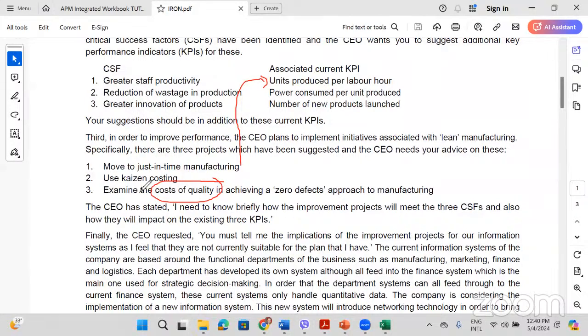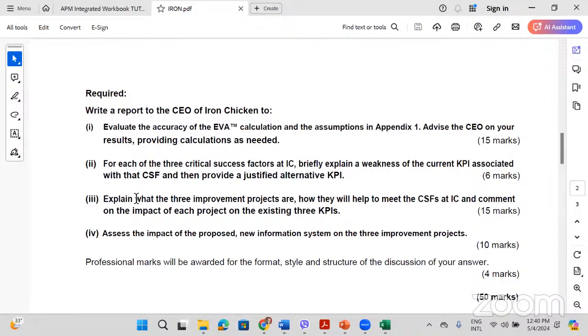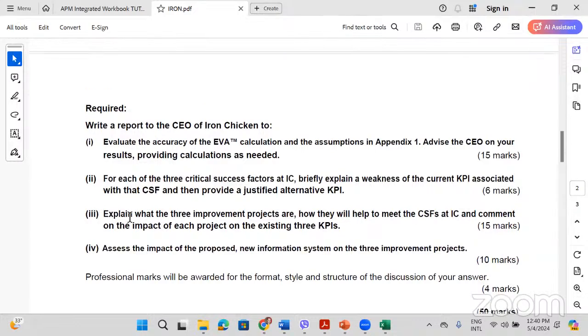I think cost of quality nothing relates, right? KPIs. I mean, you can always argue indirectly, but no direct impact. No? Yeah. Let's move to the next one. So I say that there's no link.